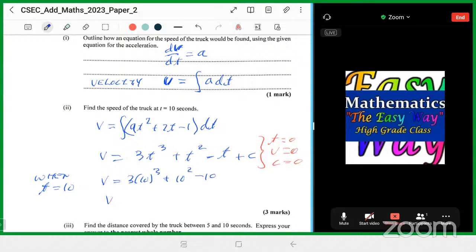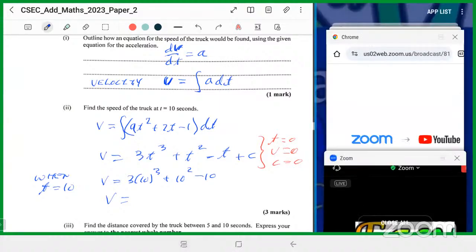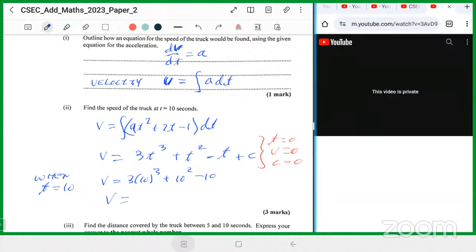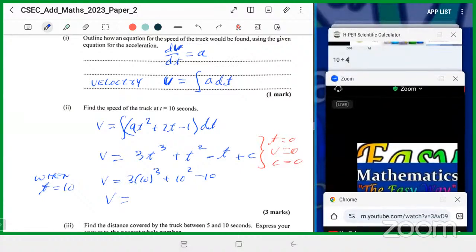And this works out to be 3,100 minus 10, 3090. Let's see. It's 3090 on my calculator.